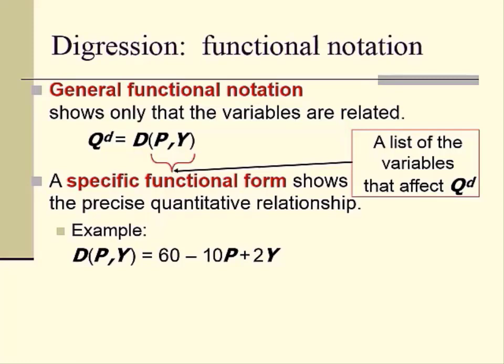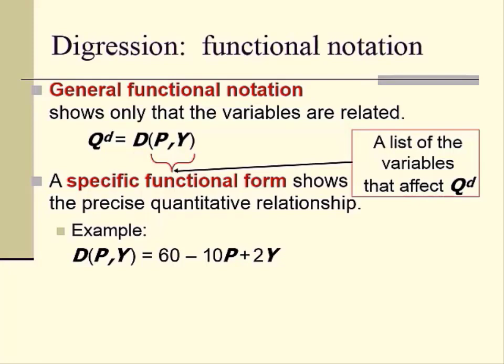For instance, other things constant, when price increases by 1 unit, because there's a coefficient of negative 10 in front of it, quantity demanded will fall by 10 units. Similarly, 2Y means that when income increases by 1 unit, quantity demanded increases by 2 units. So you see this positive relation between income and demand.